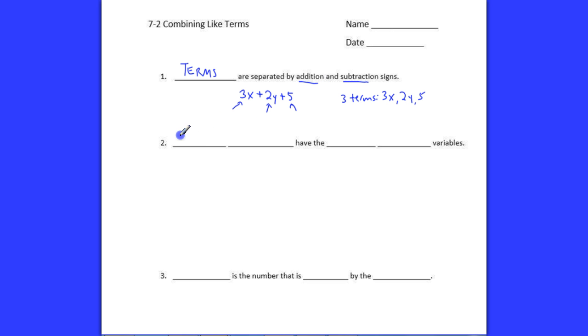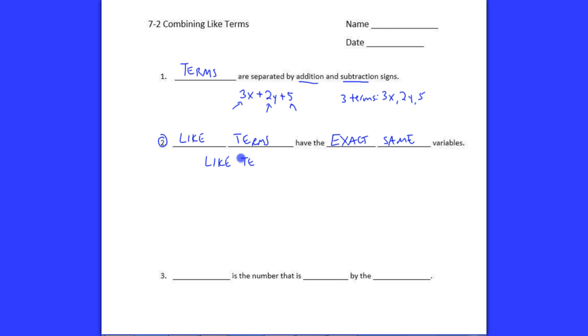Well, there's a certain type of terms called like terms, and like terms have the exact same variables. It's going to be really important that you can identify when things are like terms and when they're not, because there's a rule that we can do some things with like terms that we can't do with others.